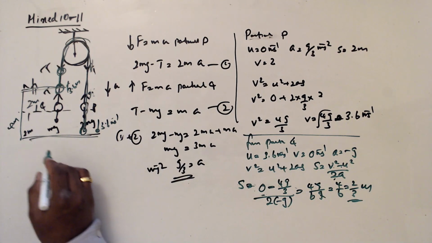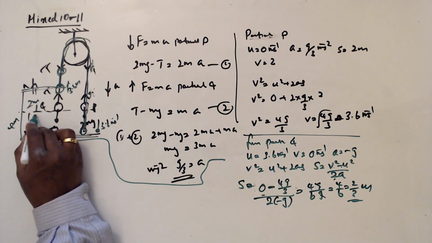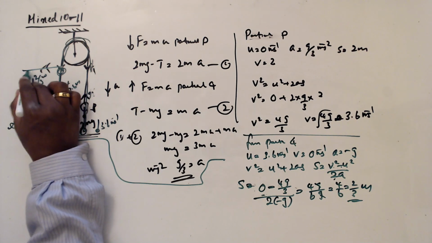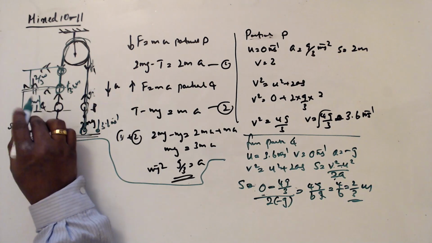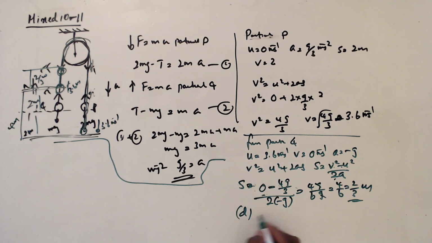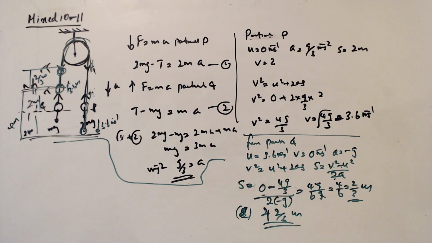Then the total distance is 2 plus 2, 4, plus 2 over 3 meter in total.